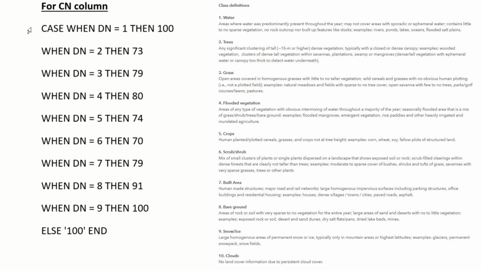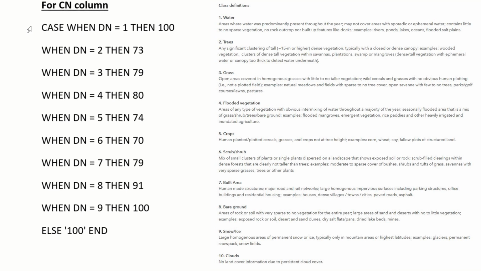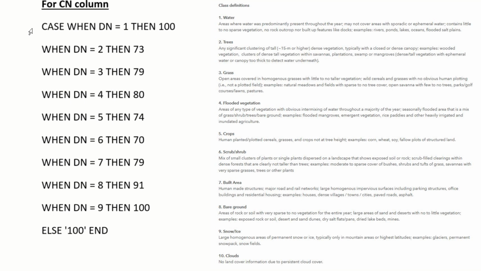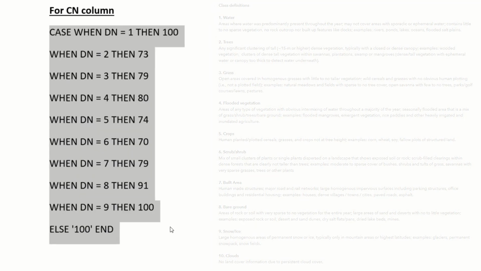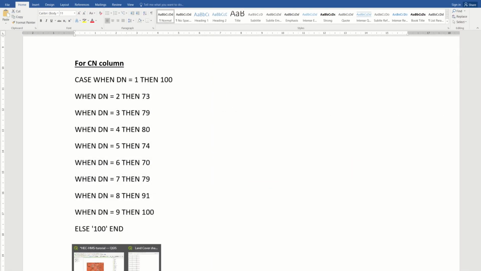If I have number 2, which is tree, then I give a CN 23, and so on. This, like I was saying, is your estimation, and of course depends on your knowledge of the location.